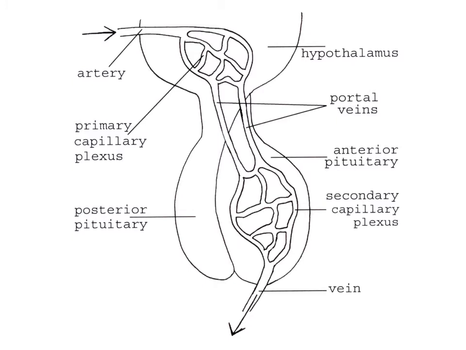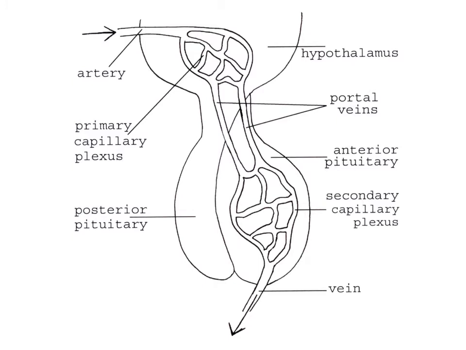Thyrotrophin releasing hormone, TRH, stimulates the release of thyroid stimulating hormone from the anterior pituitary gland. And the thyroid stimulating hormone is produced by a group of specialized anterior pituitary cells called thyrotrophs.